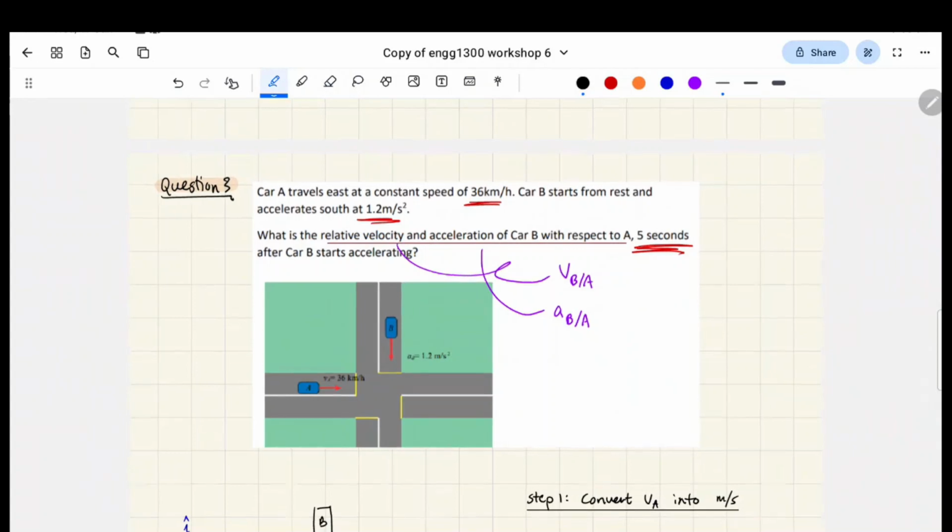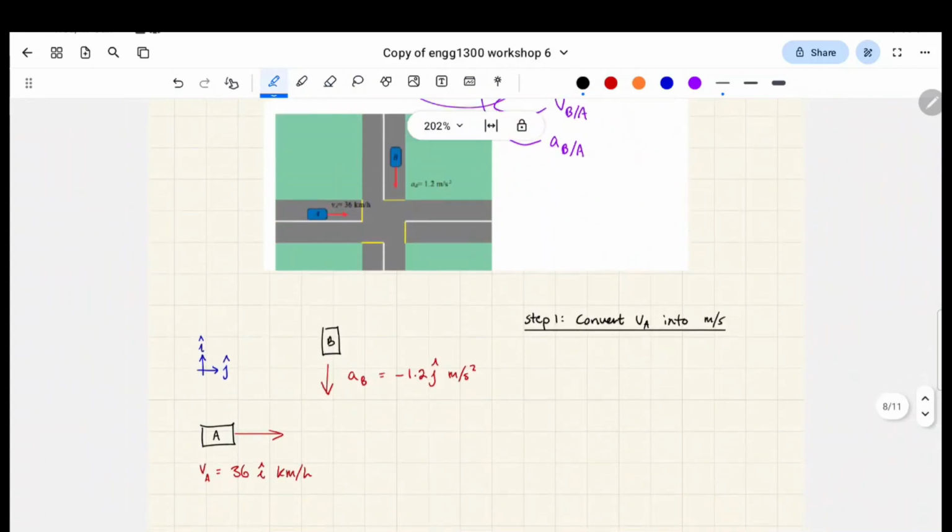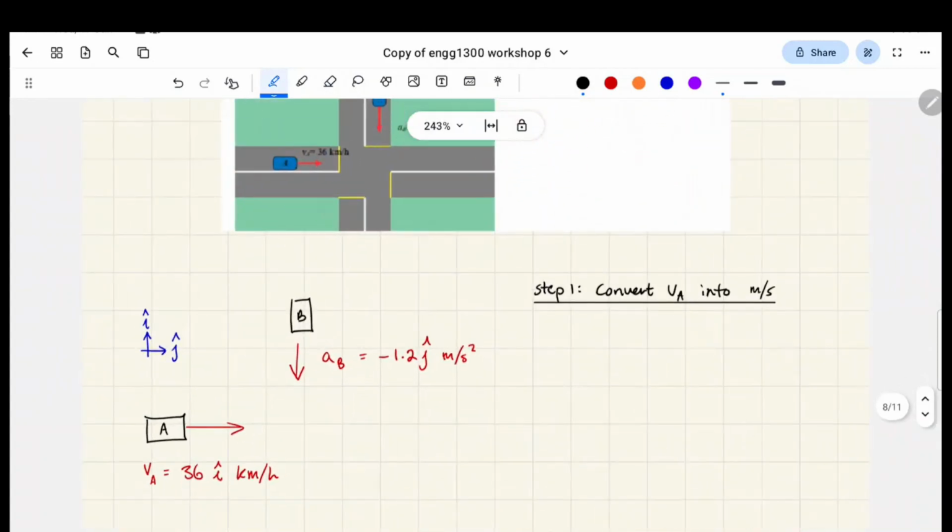Okay, so I've redrawn the question, but I've used the I and J unit vector notation. I just find that it's a little bit easier. But the first thing I'm going to do is convert VA, which is currently in kilometers per hour, into meters per second.